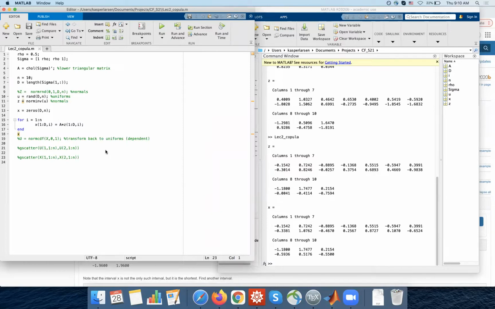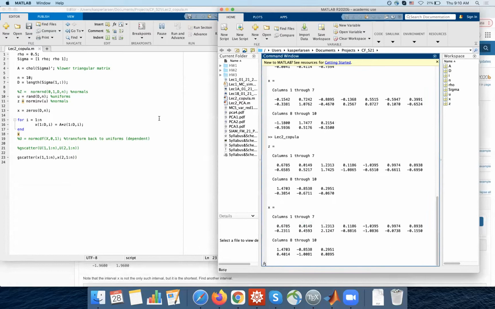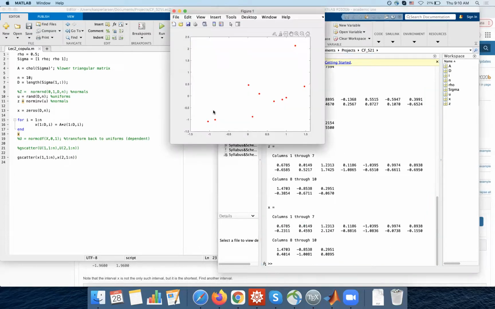If I scatter plot my x's, this is a scatter plot of the x's. There will be some correlation between them.